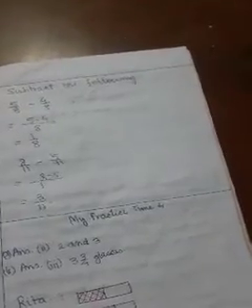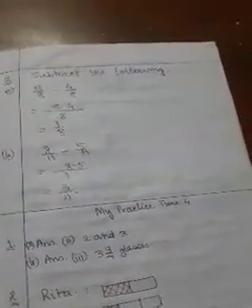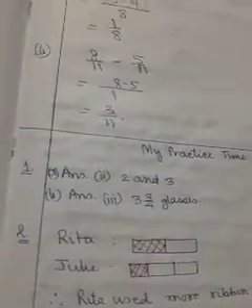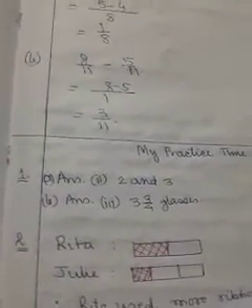Okay. I have taken some questions from my Practice Time 4. When you see question number 1, you have to tick the correct answer. The question here is: Salman gave 2 3 by 4 of his chocolates to his friends.